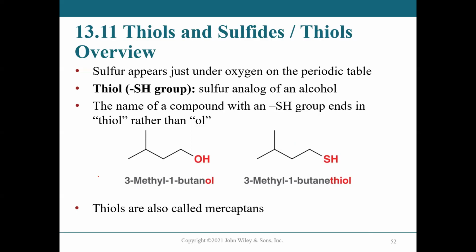So here we have 3-methyl-1-butanol. On the right-hand side, we have 3-methyl-1-butanethiol. It says thiols are also called mercaptans, and the mercaptan name is just a traditional name that's been kept.